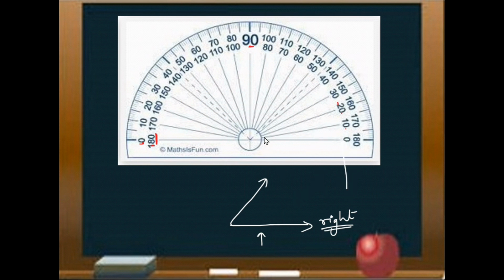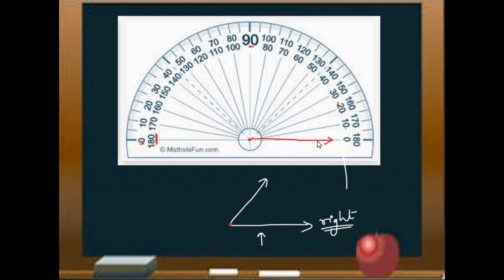Okay. Now how to use this protractor? You see here that this is the origin of the protractor, which you need to place on the vertex of your angle. So if I take the protractor onto my angle, I'll show it to you here.